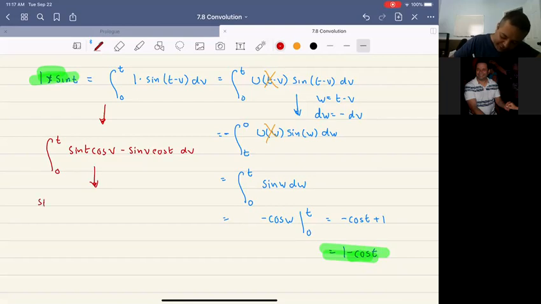Pulling out the sine of t, we get the integral from 0 to t of cosine v dv, minus cosine t times the integral from 0 to t of sine v dv.